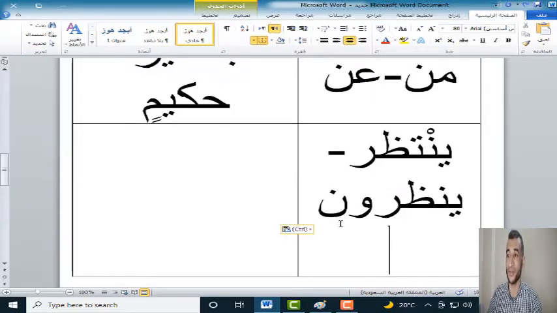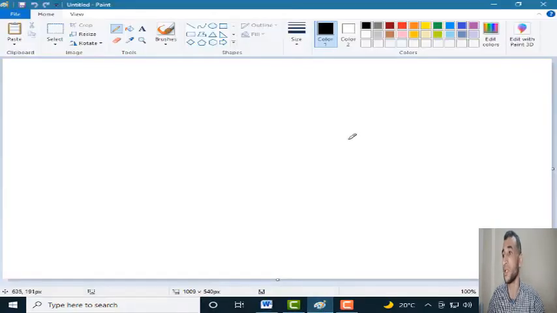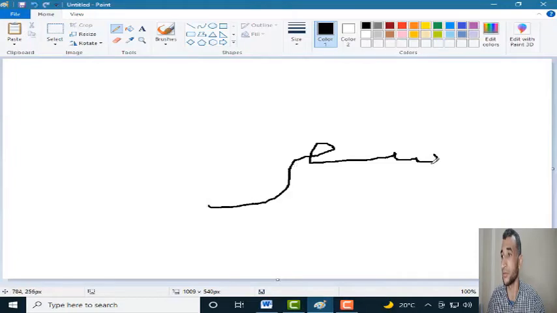Or sometimes you can find the first part of the head of ha on the consonant nun. If I have here the word ينتظر like that: ya, na, ta, and the letter za.